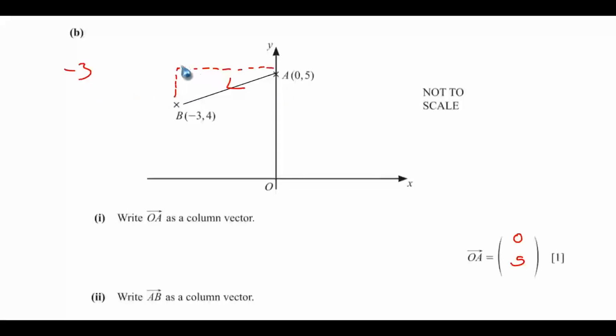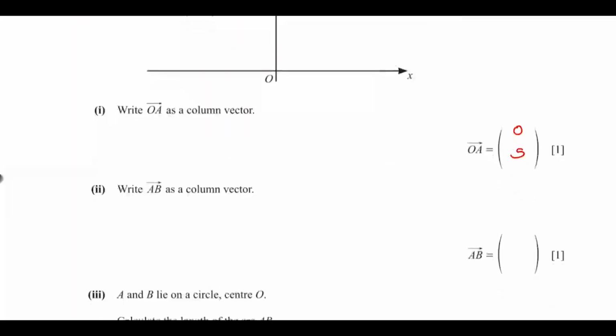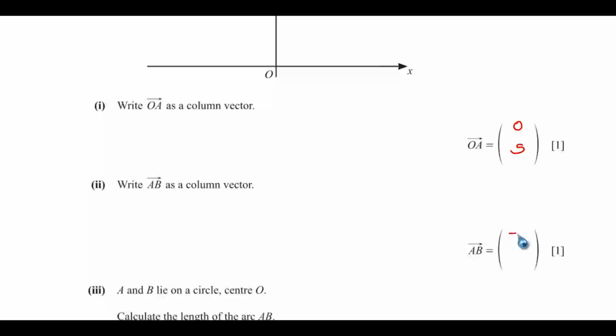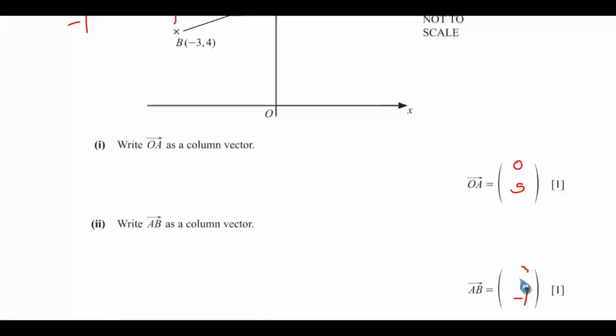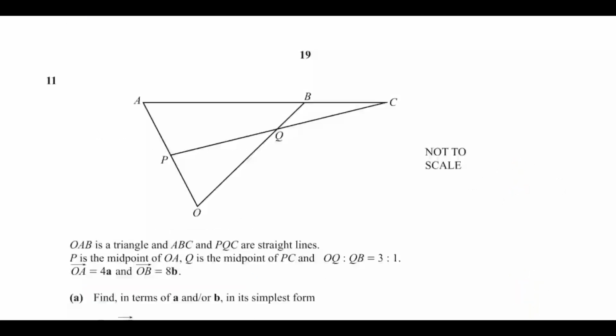And if y is equals to 5 here and it's now 4 here, if you go down once, it will be minus 1. So the column vector for AB will be x equals to negative 3, then y equals to negative 1. So let's go to the next question. This will be question 11.